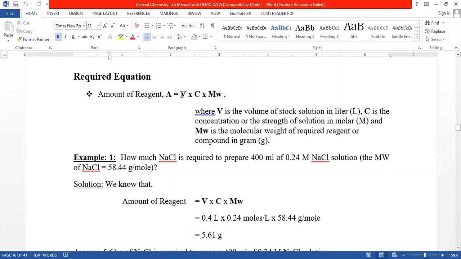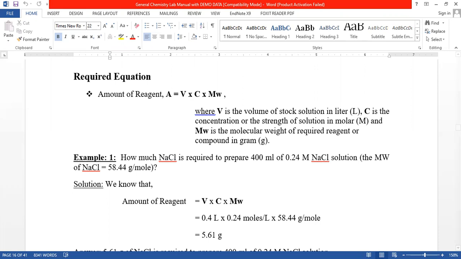Here V stands for volume of the solution, that means how much solution we want to prepare. C is the concentration of the solution, what concentration we want, and MW is the molecular weight of that particular substance. By changing the format of this equation, we can create other equations.